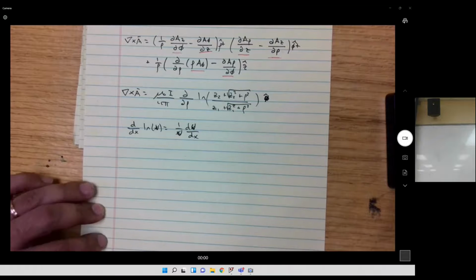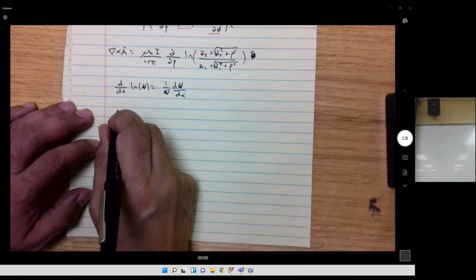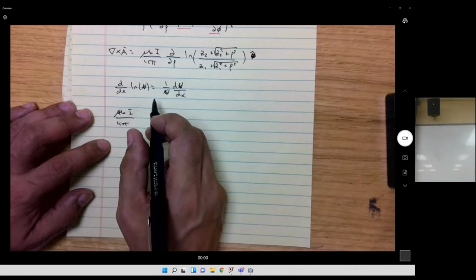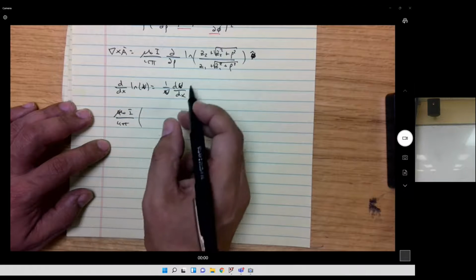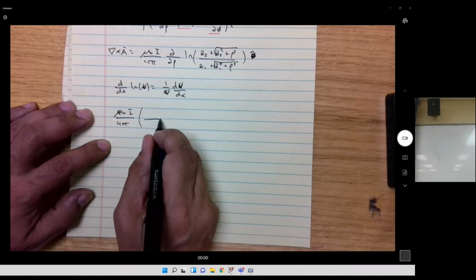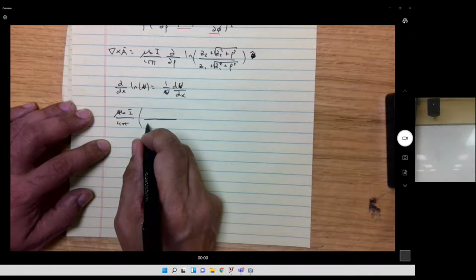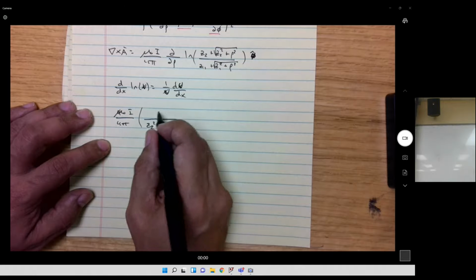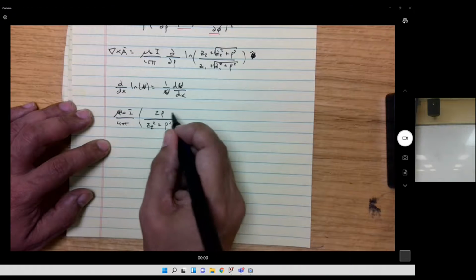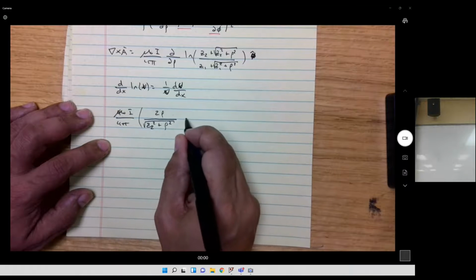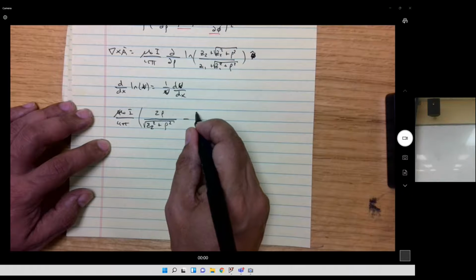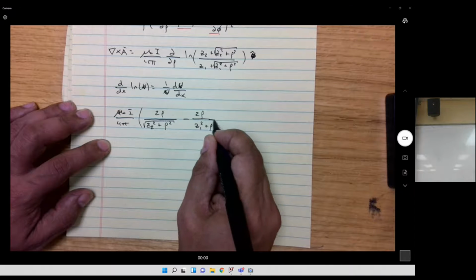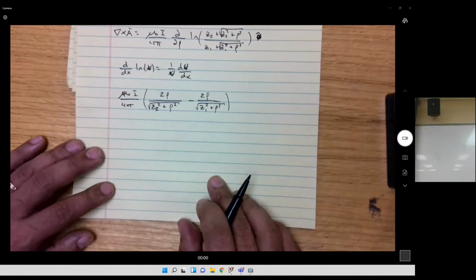Yeah, you guys got it? So we're going to have mu naught I over 4 pi, and then we're going to have C2 squared plus rho squared over 2 pi, 2 rho, minus 2 rho.